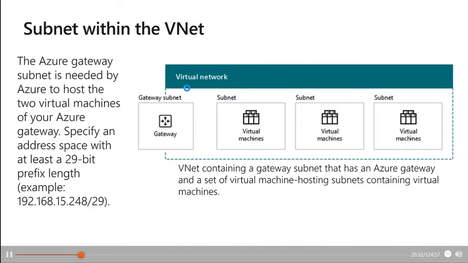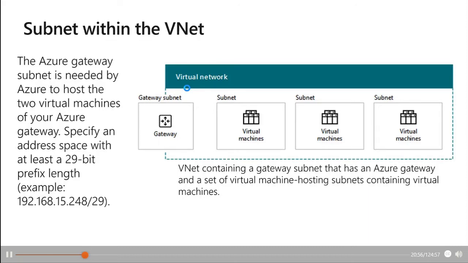Then I also have subnets within the VNet. So what is a subnet in my virtual network? When I create a virtual network, I define an IP range using CIDR notation, depending, of course, on the range that you choose.